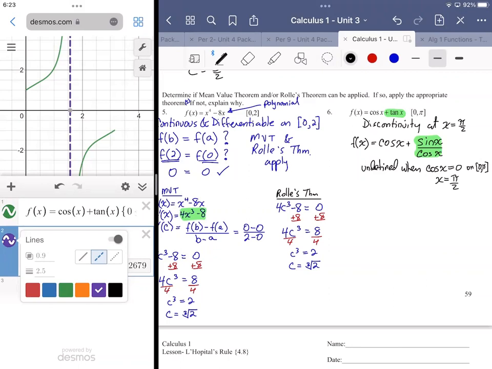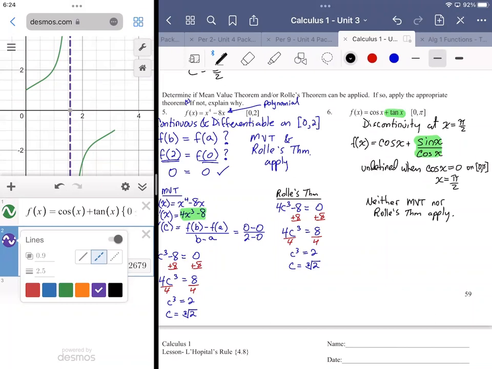If there's a break on the interval, if it's not continuous and differentiable throughout the given domain, then neither the Mean Value Theorem nor Rolle's theorem would apply. Now, if this was a continuous function over that interval, we would have to check for differentiability just to make sure it didn't come to a point in any capacity.